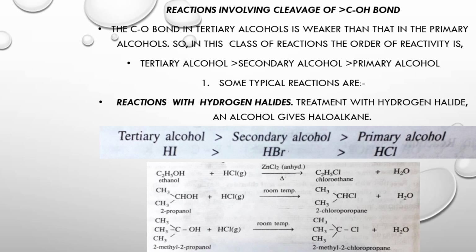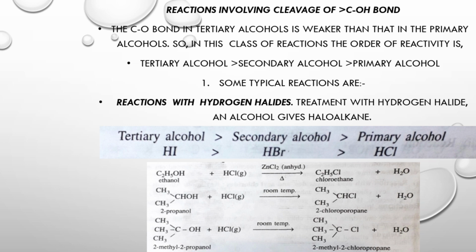In the reaction given below, C2H5OH, that is ethanol, plus HCl gas, on treating with anhydrous zinc chloride, ZnCl2, and a little heating, gives C2H5Cl, chloroethane, and H2O, water.